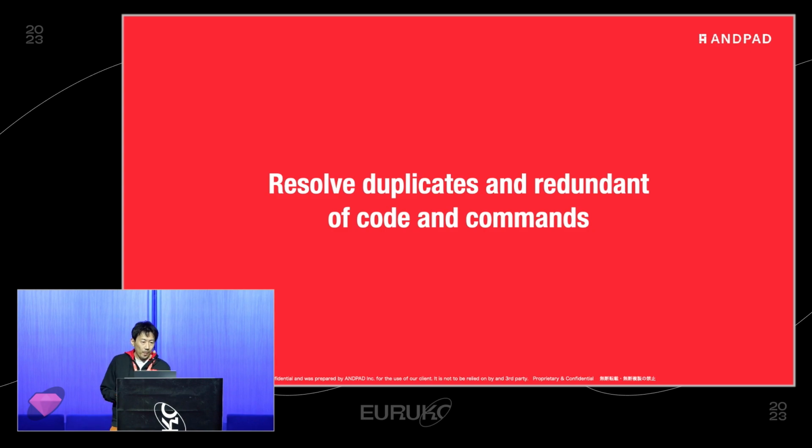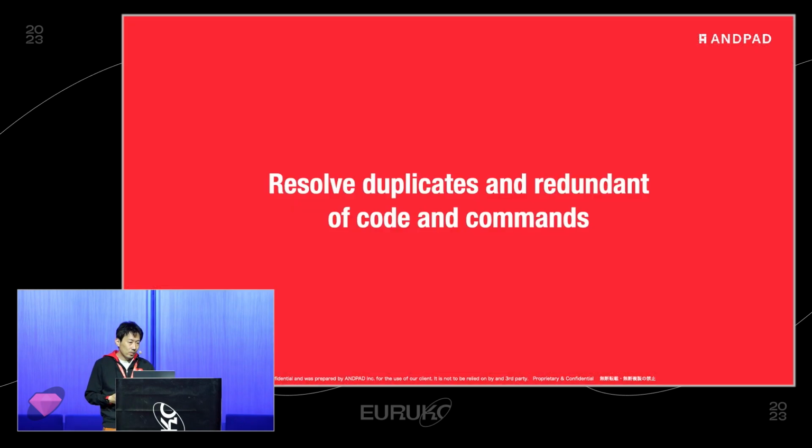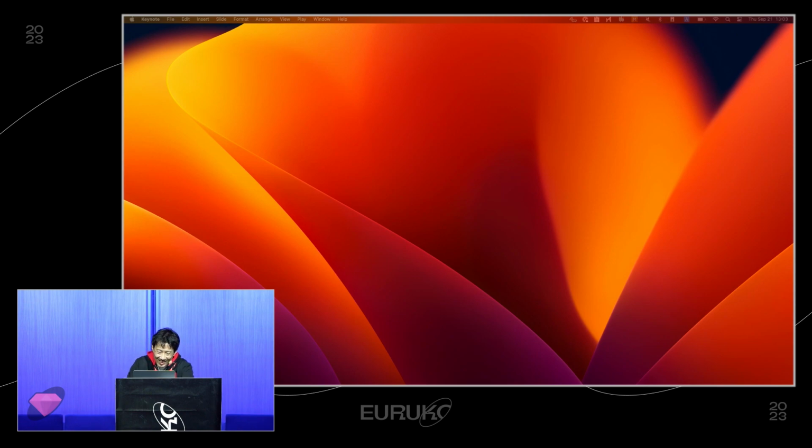Now that you have seen how Bundler works, here is what I'm doing now for the future. The big problem is that RubyGems and Bundler have many similar commands and code bases.